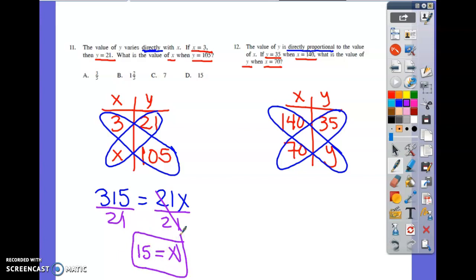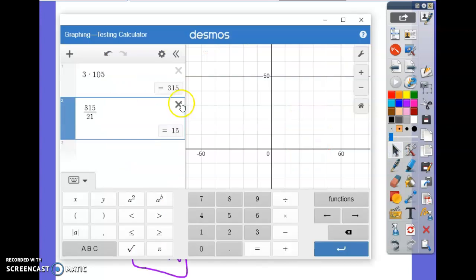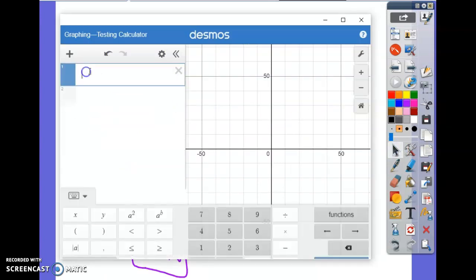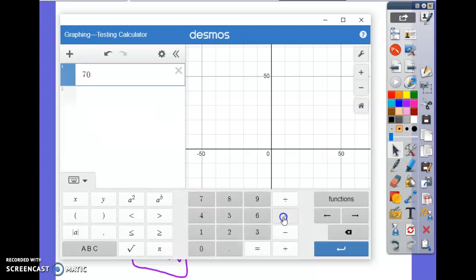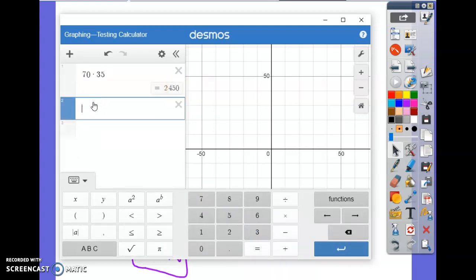Okay, multiply these two. 70 times 35. And then that number, you're dividing by 140. So your answer is 17.5.